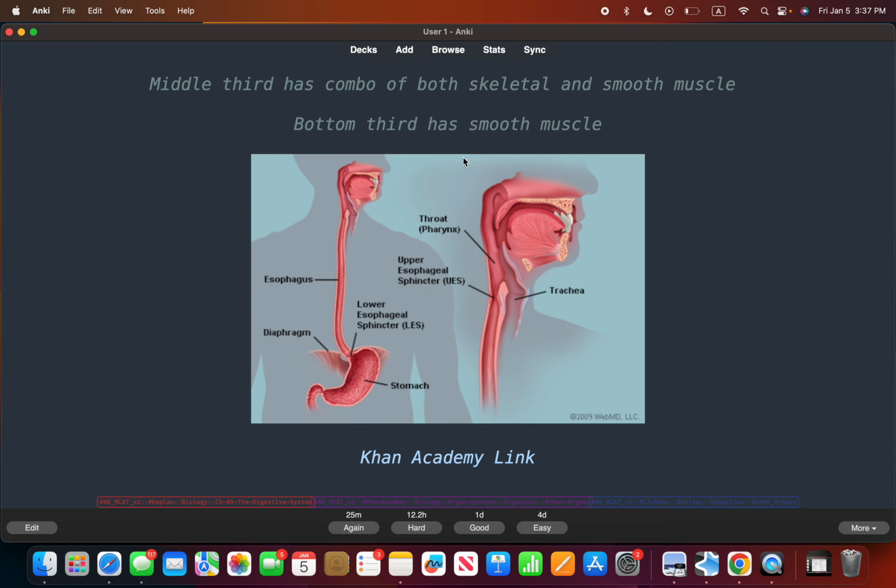Our throat is the pharynx, and the upper esophageal sphincter, UES, is right here, and you have your esophagus, which goes down, and you have your diaphragm, your lower esophageal sphincter, LES, and your stomach.